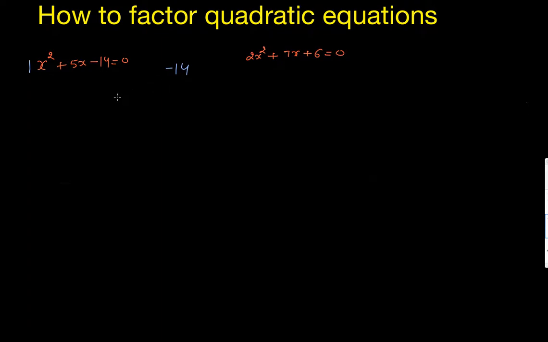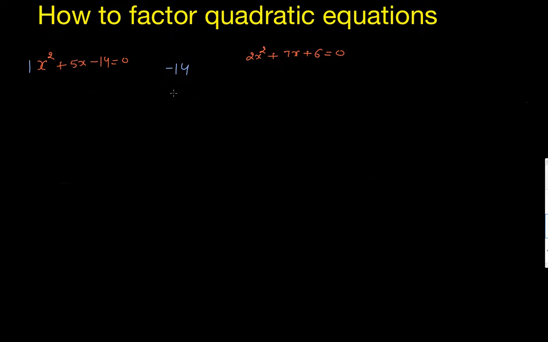I'm going to find two numbers whose product is negative 14, and when I add or subtract them, gives me 5x. We want to break down this 5x into two numbers so that their product is negative 14, and when you add or subtract, gives 5x.